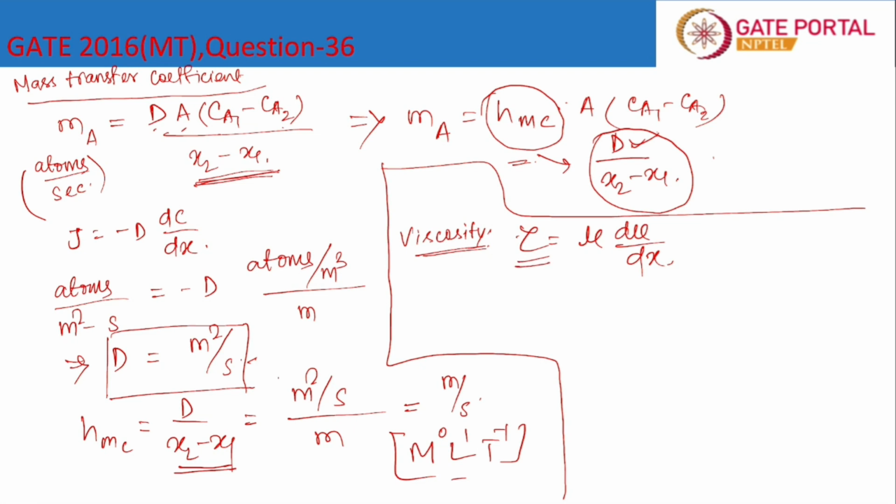This is the shear stress, this is the viscosity, and this is the velocity, and this is the distance. So what is the unit of this tau? That is Newton per meter square, equal to mu into du, that is basically velocity, so meter per second divided by meter.